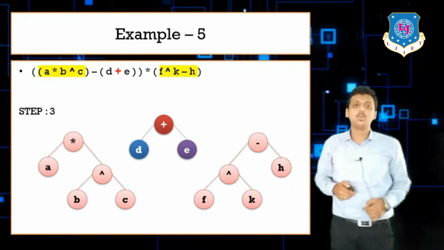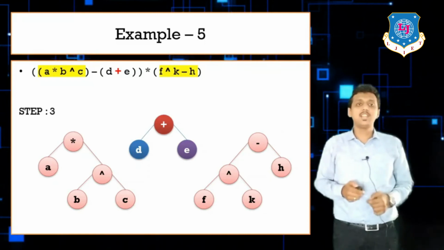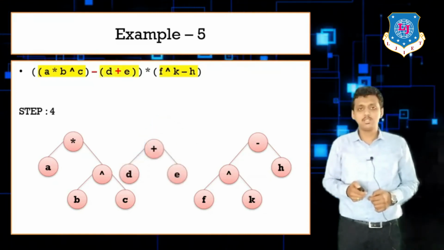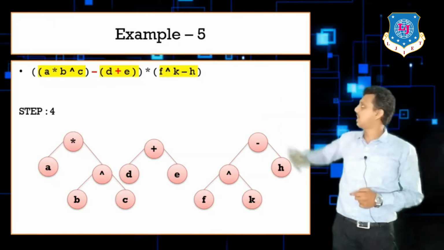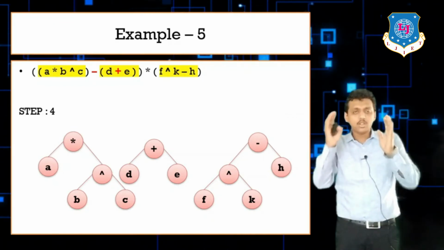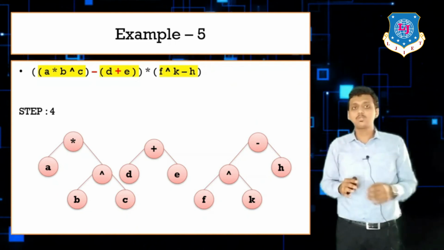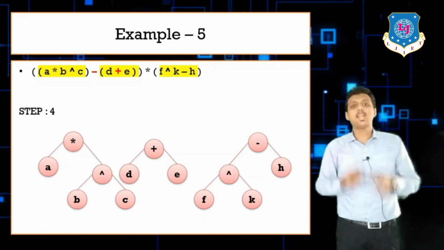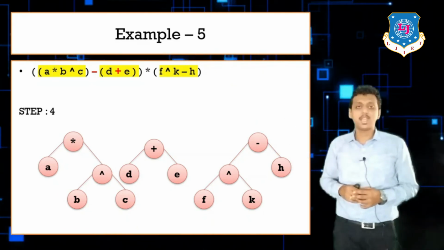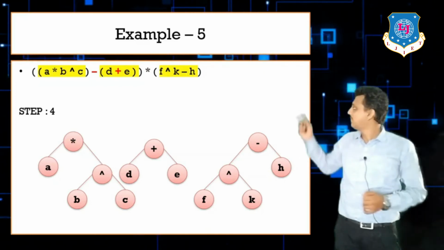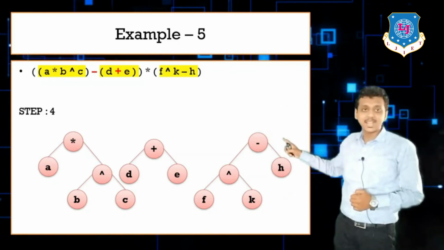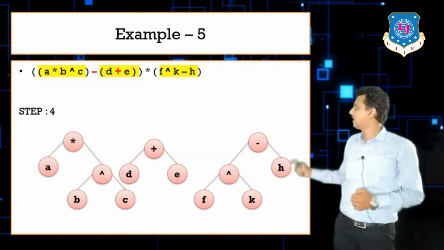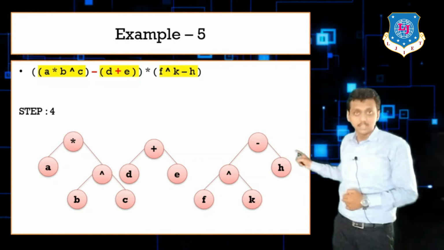Fine. Now let's move further. After solving D plus E, students, we have minus. Check the very first bracket, we have minus there. According to the parenthesis rule, we need to solve the inner bracket first, so I need to solve that minus. On the left side of the minus we have A star B caret C. On the right side of the minus we have D plus E. Fine.